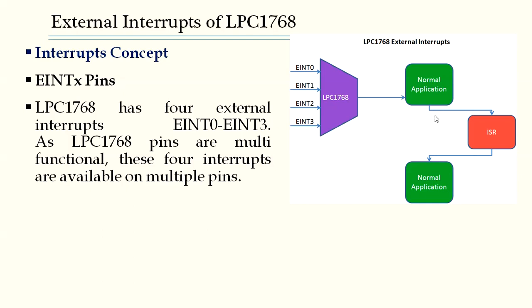It may look pretty simple enough, but nevertheless, there are lot many internal operations that happen. The processor registers which are being used in the normal application have to be put onto the stack. The context has to be saved, and then a new context of the ISR has to be taken by the ARM controller.